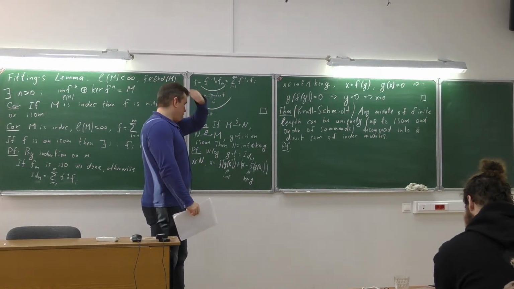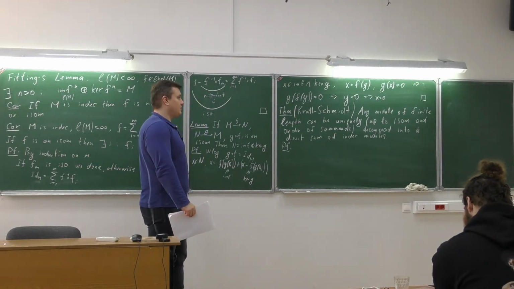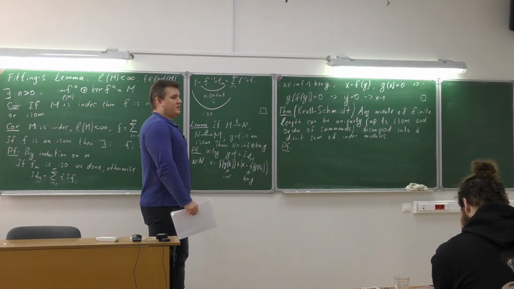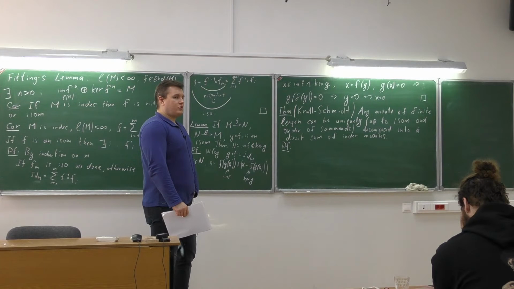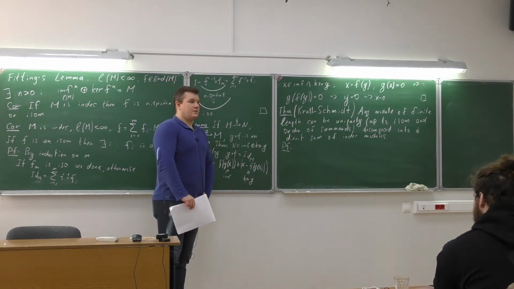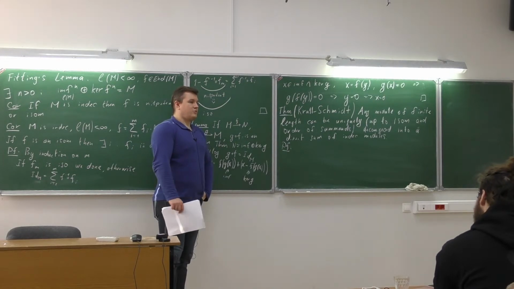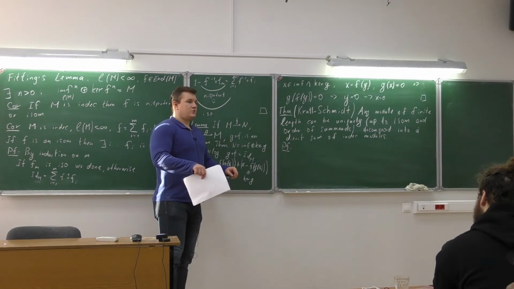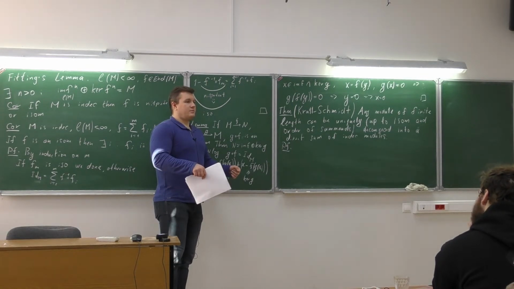So we need to show that there is such a decomposition, and we need to show uniqueness. Well, I claim that the decomposition is clear. Now you take a module of finite length. If this is indecomposable, then that's the end of the whole story. If this is decomposable, you decompose this into two. The length of both summands is strictly smaller.